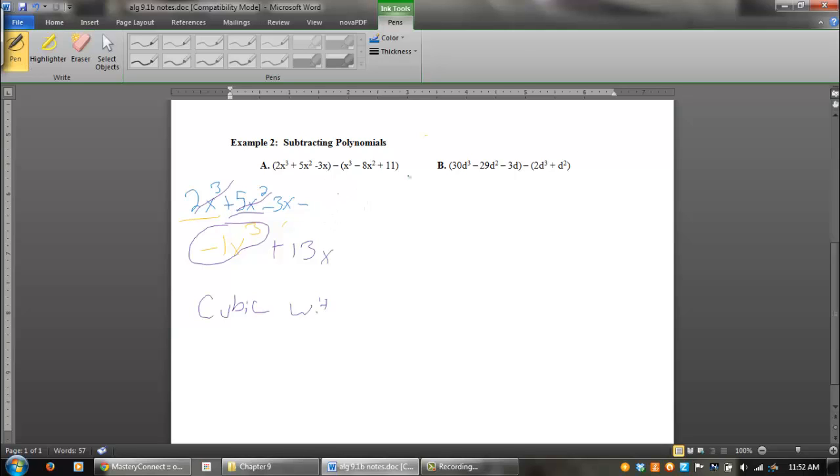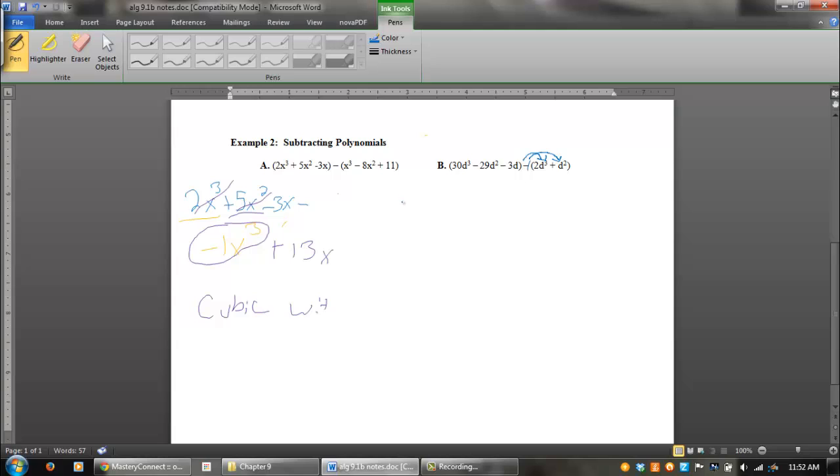Let's look at letter B. So we have 30d to the third power minus 29d squared minus 3d, minus, and then 2d cubed plus d squared. We're going to put a 1 here. We're going to make this a negative 1. We're going to distribute a negative 1 to both of these in the parenthesis.